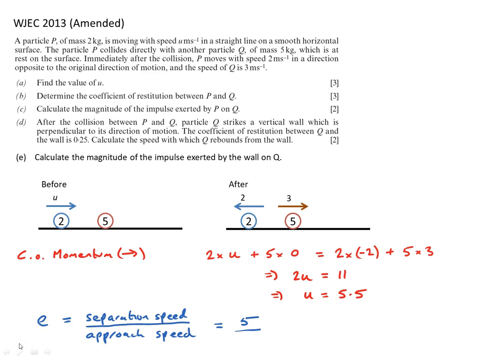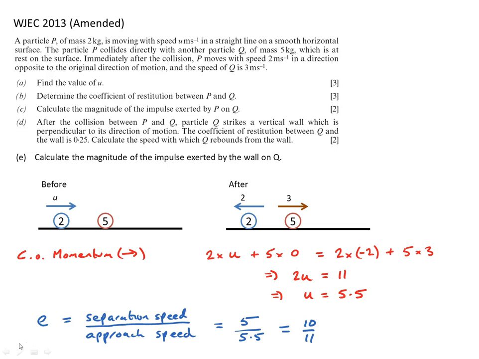Q is stationary, so the approach speed of P to Q is 5.5 meters per second. So we've got e is 5 divided by 5.5, or 10/11.